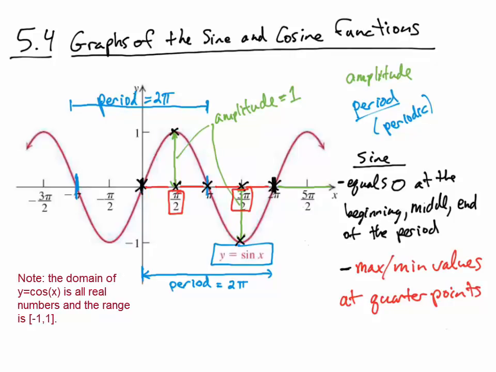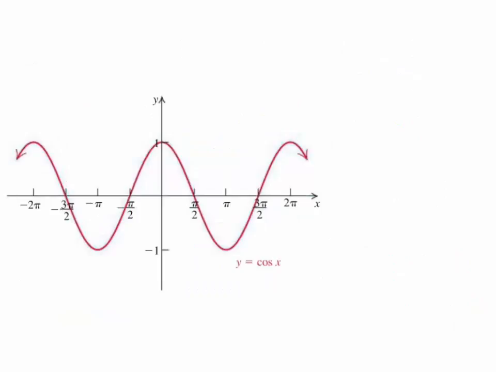Now let's look at a cosine graph, and it looks very similar. Much like the sine graph, we have the amplitude. Again, the amplitude is just this distance here, this distance here. In this standard form of a cosine graph, we have an amplitude equal to 1.